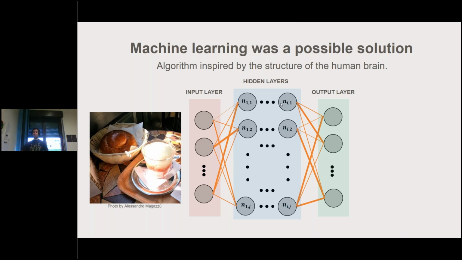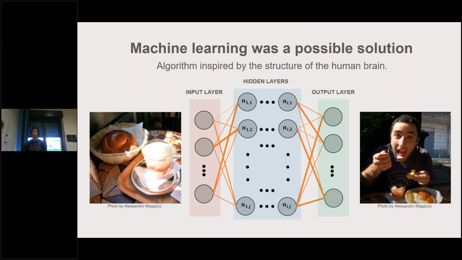And then my network, my connections between neurons started to change. So now that the network, my brain, is trained, when my input layer, which in this case should be my eyes, see some granita in the table, the hidden layers, my brain, tell the output layer, which in this case are the neurons that are connected to my arm, to get the spoon and eat granita as soon as possible.